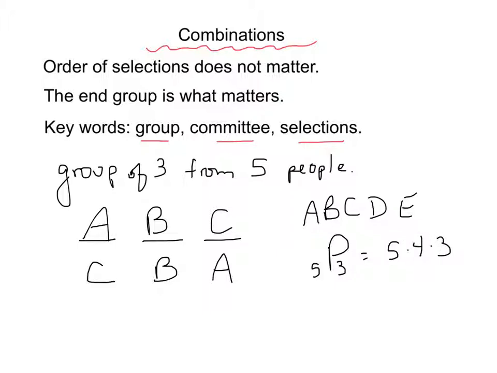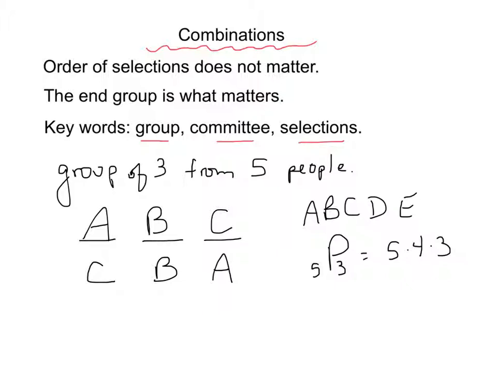What you need to understand, though, is that with these 3 people that I have picked, there are actually 3 factorial ways to arrange just these 3 people, Abigail, Bob, and Claire. Just them. In how many different orders can I select those 3 people is going to be 3 factorial.